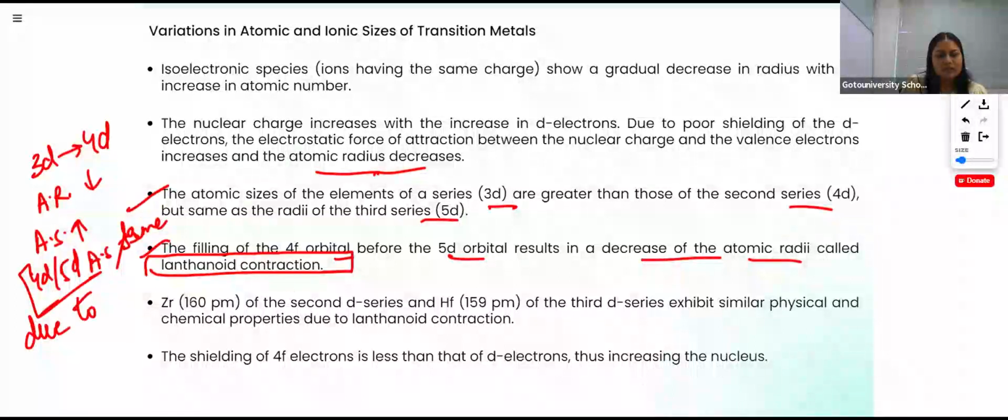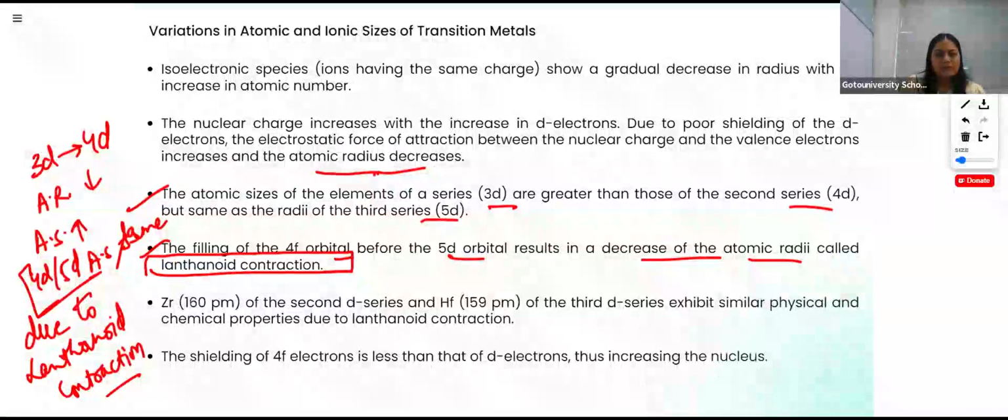The reason is lanthanoid contraction. What is lanthanide contraction? We will study in detail in the next class. Because of lanthanide contraction, the sizes of 4d and 5d transition elements do not have much difference.